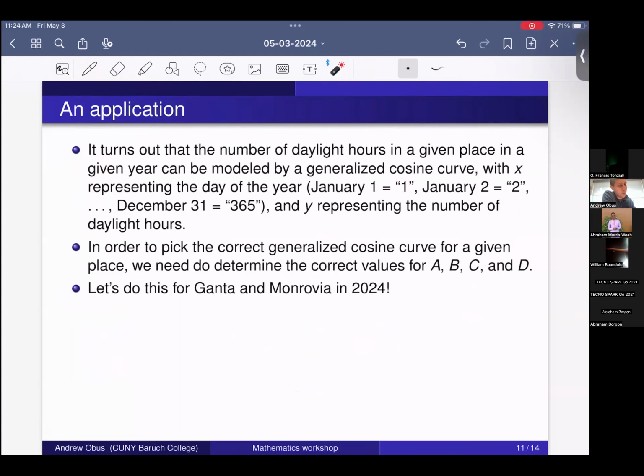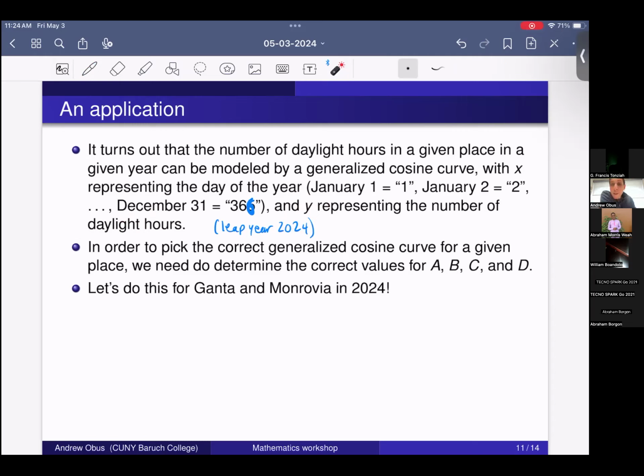January 1st is 1, January 2 equals 2, all the way up until December 31 equals 365. In 2024 it's 366, because it's a leap year. And y represents the number of daylight hours.